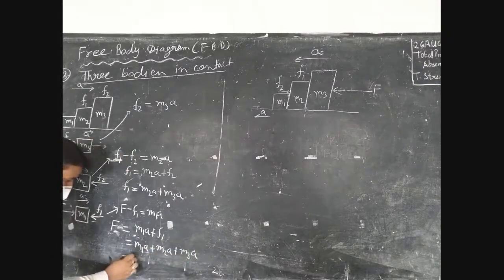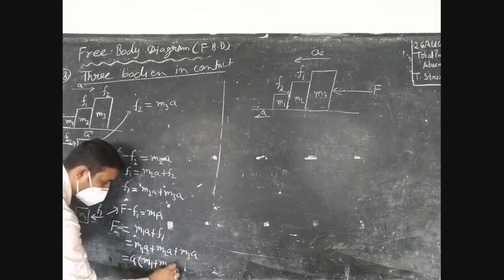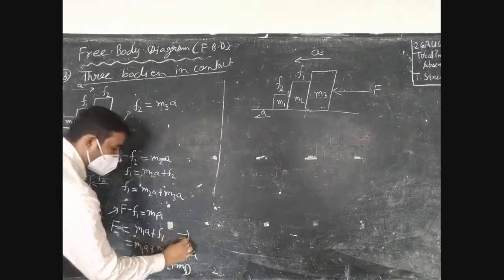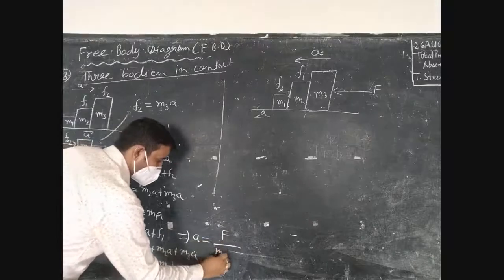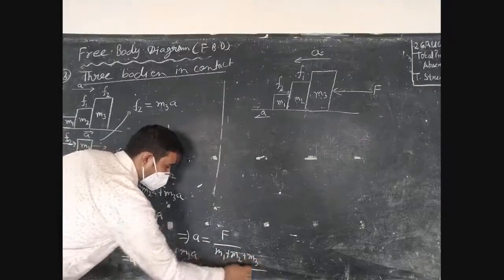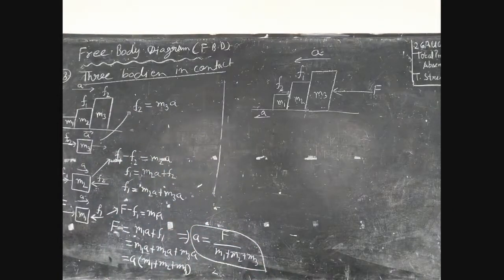Calculate the acceleration from here, with m1, m2, m3. So you will get acceleration a is equal to F upon m1 plus m2 plus m3. This is the acceleration gained by the blocks.